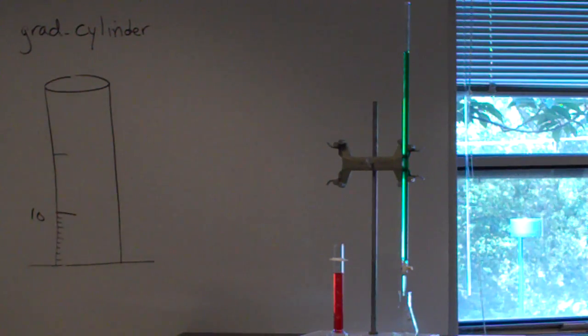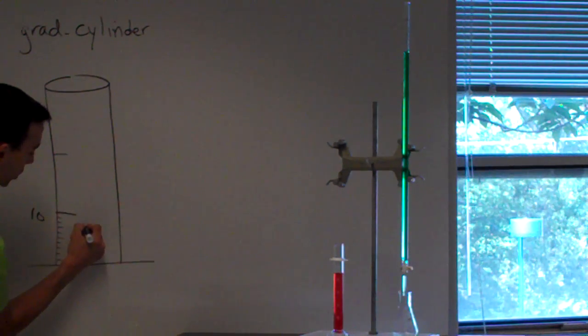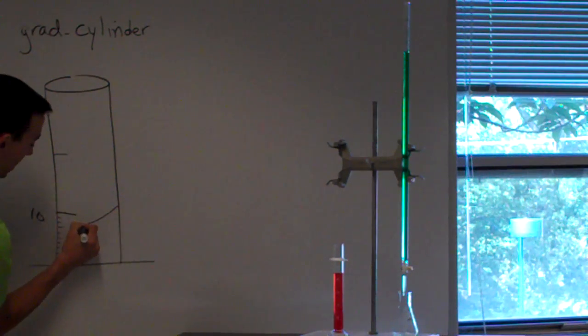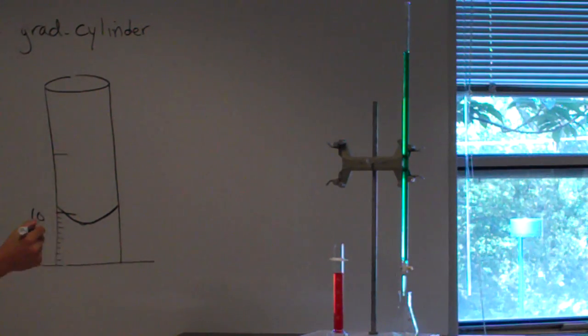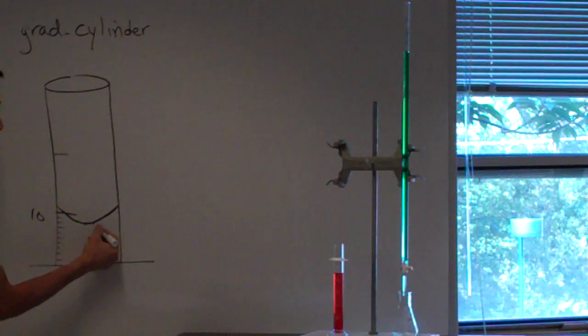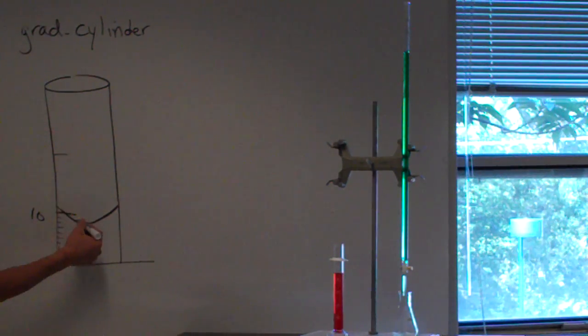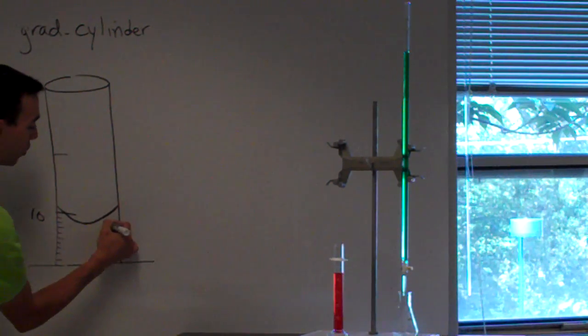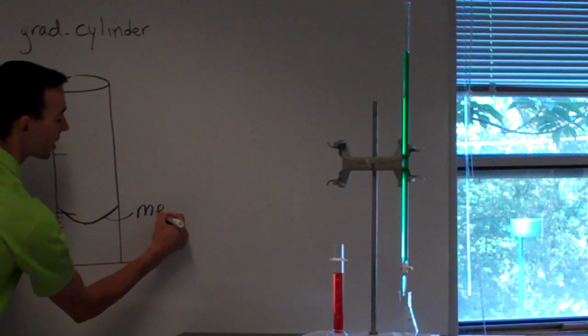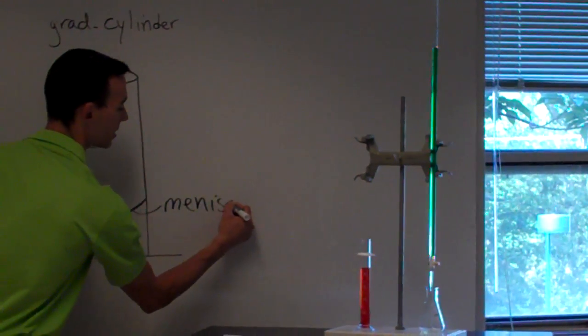We'll read the volume of the graduated cylinder from the bottom up and to the bottom of what's called the meniscus. Liquids, almost all liquids, mercury would be one of the few exceptions, but since we usually work with water or water-based liquids, they form a meniscus that is downward shaped. And so you want to read from the bottom of that meniscus.